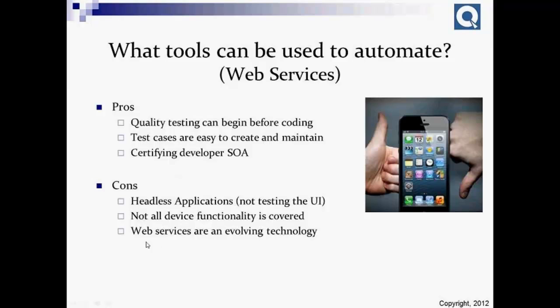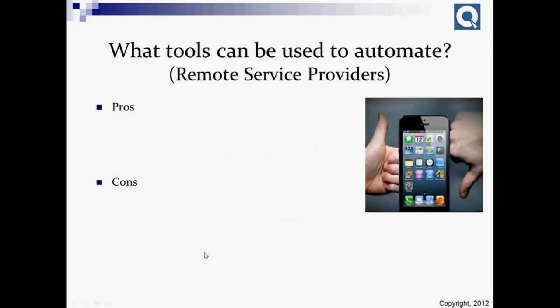And web services, it's an evolving technology. Not everybody in the QA space necessarily understands that or has exposure to it. So it's going to be important in mobile that QA teams understand web services and get far more involved with them. So from a knowledge standpoint, it's an evolving technology.